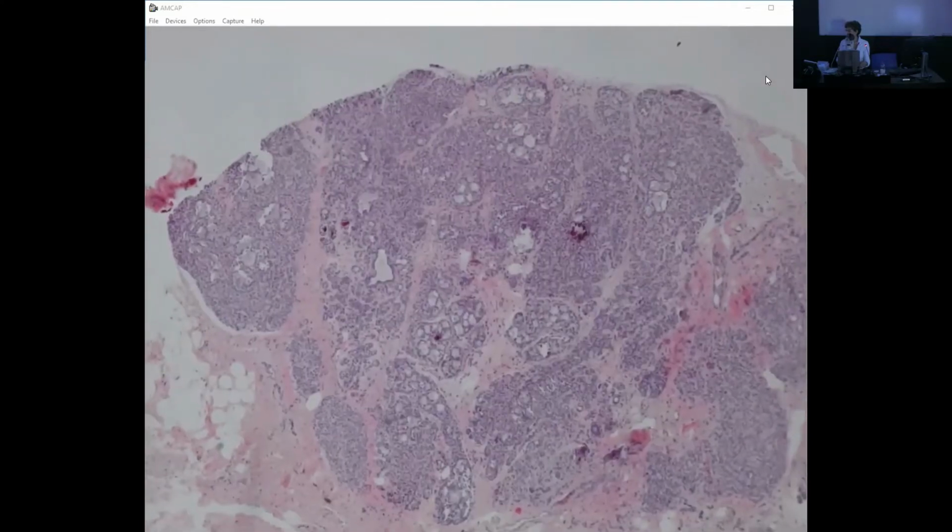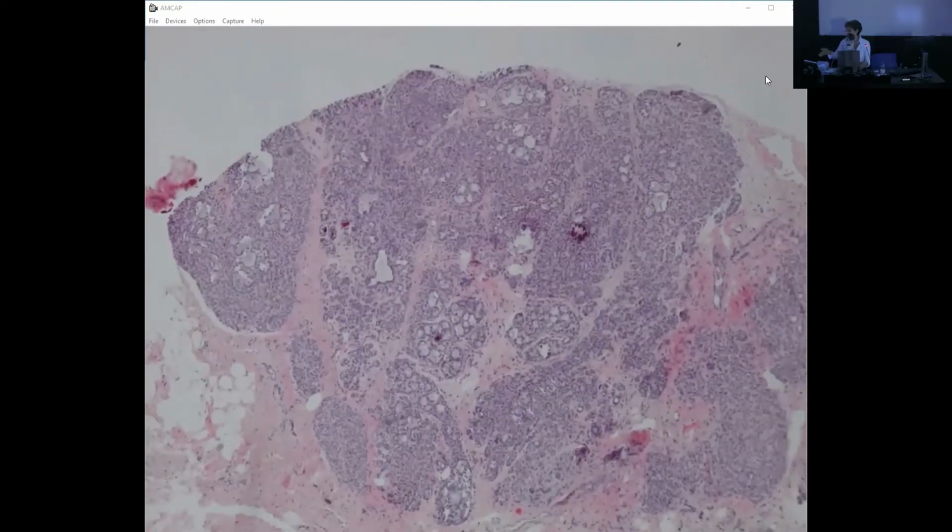Many times I've seen cases where a case like this was diagnosed as low-grade DCIS in the core with calcifications, and then they do the excision and they say, well, there is nothing left. There is only LCIS left. The DCIS was removed entirely by the core biopsy.